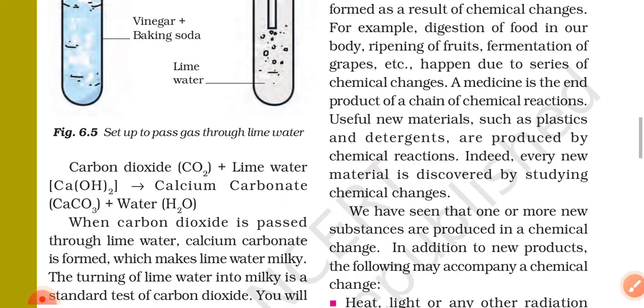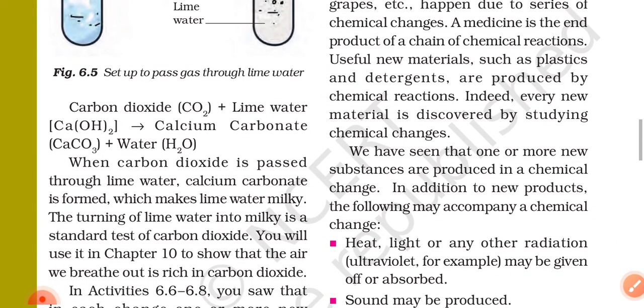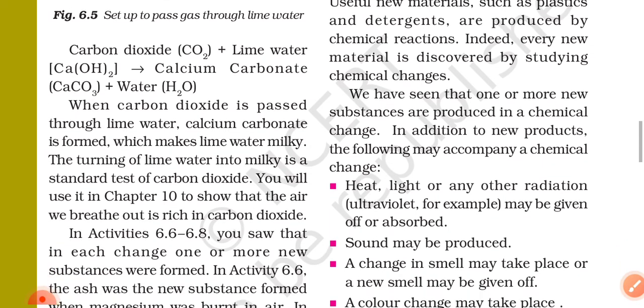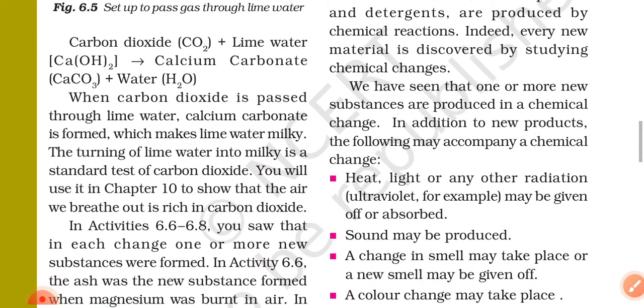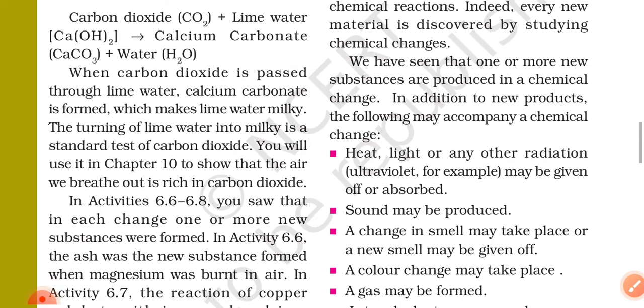Carbon dioxide plus lime water, Ca(OH)2, becomes calcium carbonate, CaCO3, plus water, H2O. When carbon dioxide is passed through the lime water, calcium carbonate is formed.